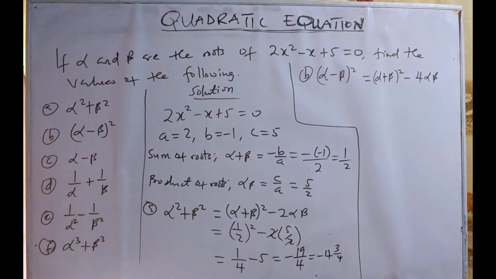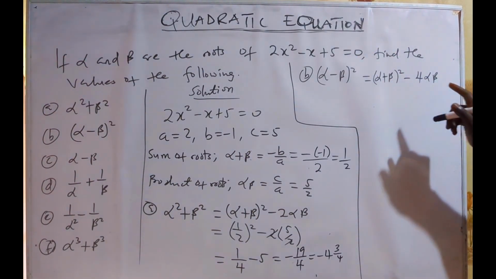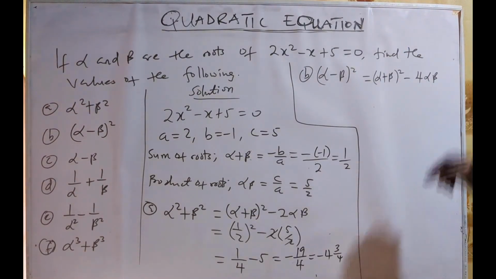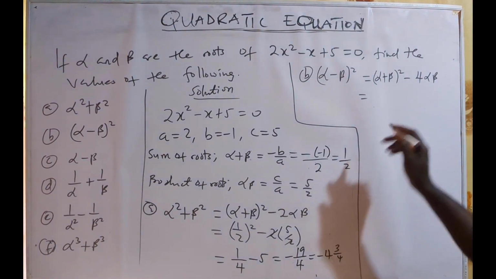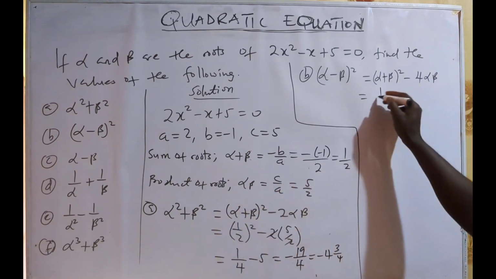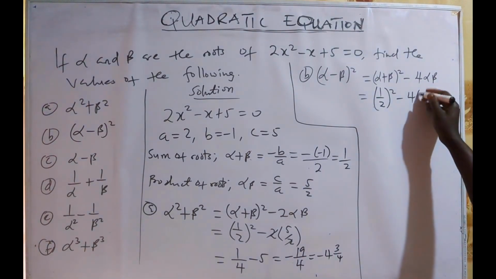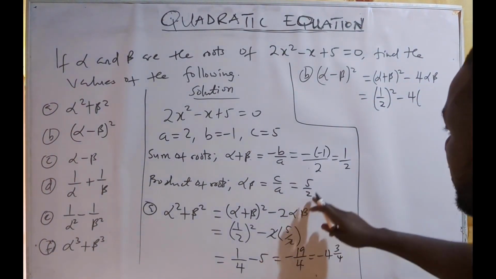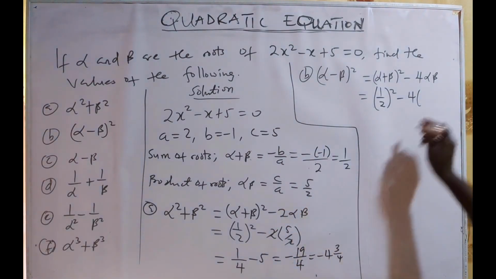So alpha minus beta all squared is alpha plus beta all squared, all right, minus 4 alpha beta. And then what is our alpha plus beta? That is 1 over 2 squared minus 4. What is alpha beta? That is 5 on 2.